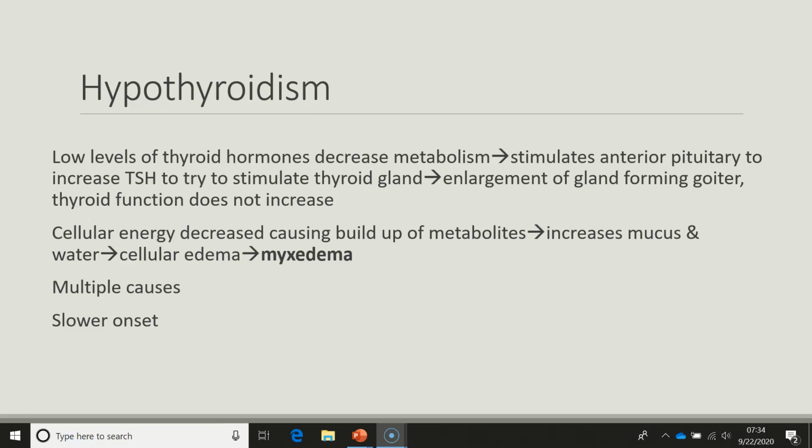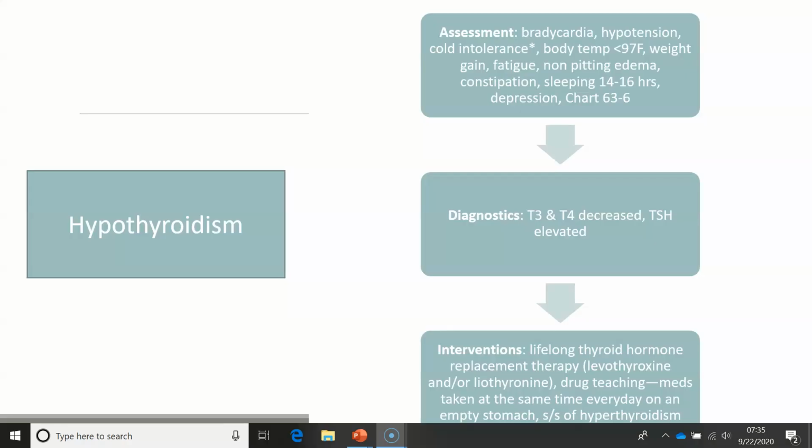The cellular energy decrease causes a buildup of metabolites, and this increased mucus and water causes cellular edema, and that's again that myxedema. It's a different type of edema because it has that mucus portion in it as well as the water. There are many causes of hypothyroidism, and it is a very slow onset.